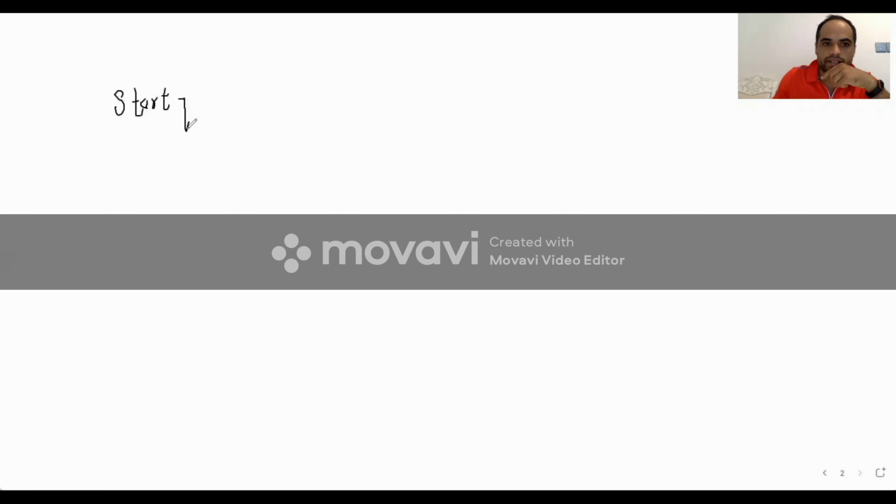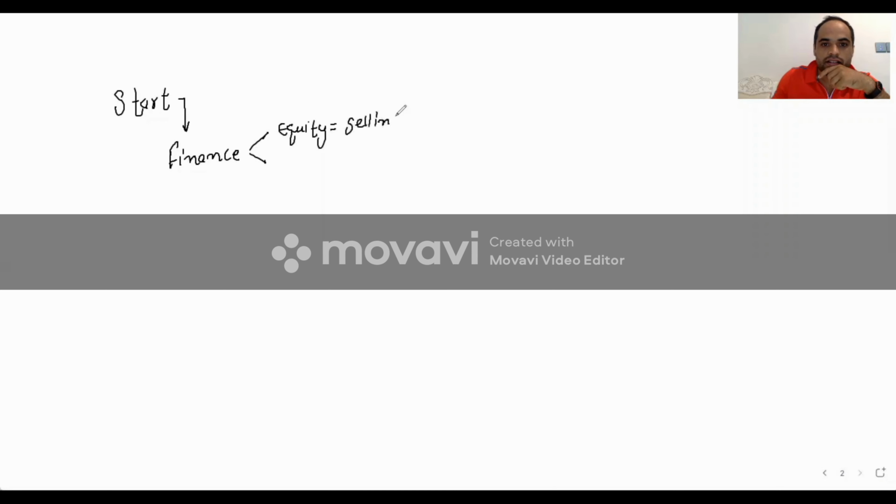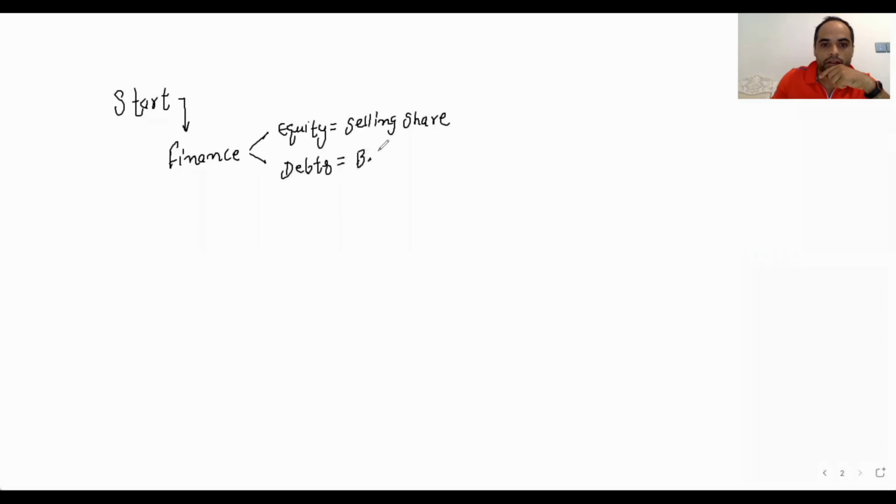If you want to start a business, what we need is finance, right? Finance comes from equity. Equity means selling stocks, selling shares, right? And debts. Debts means liability, which means bank loan, borrow from bank, right?